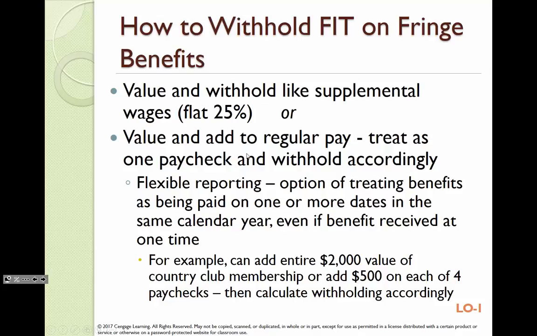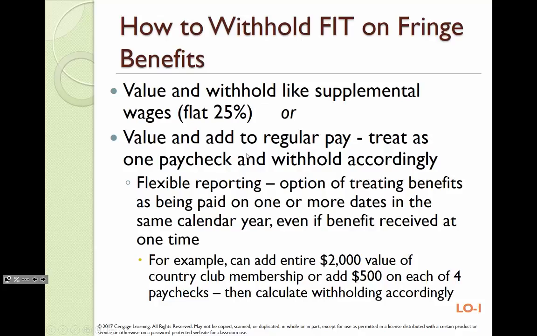Say that I give you season tickets to the Lakers. 30,000 bucks maybe, I don't know, big dollar I'm sure. Let's say $30,000 is the value of them. I can either flat out withhold 25% of the value of that, so 7,500 bucks from your paycheck.